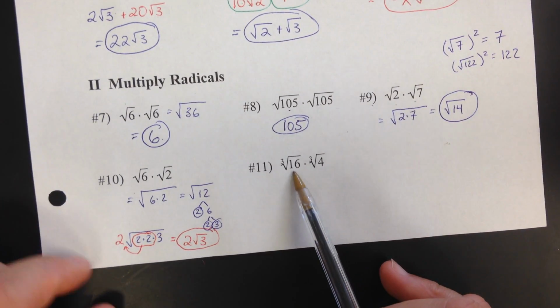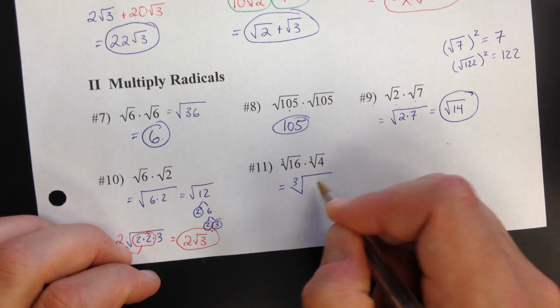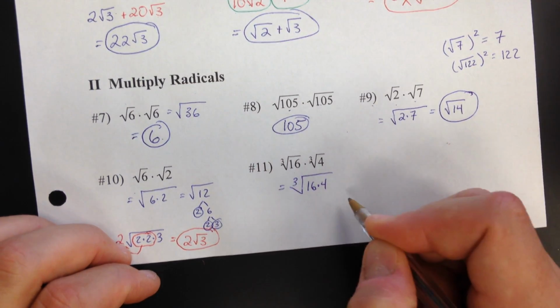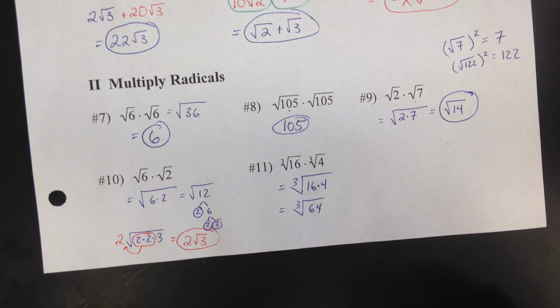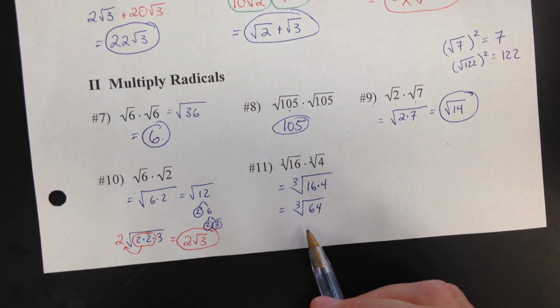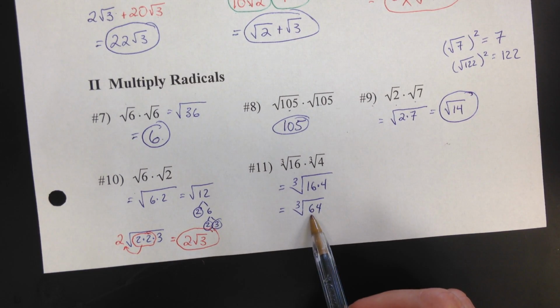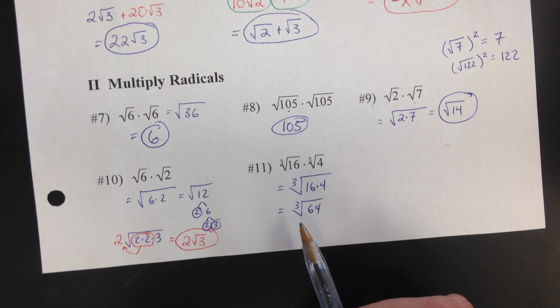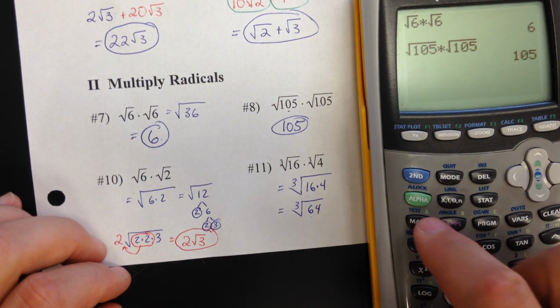Number 11, cube root of 16 times the cube root of 4. So cube root of, I'm going to multiply the 16 and the 4, and I get 64. Before you start to do a factor tree or break it down, first ask yourself, is that a perfect cube or a perfect square or whatever it is? And in this case, yes.